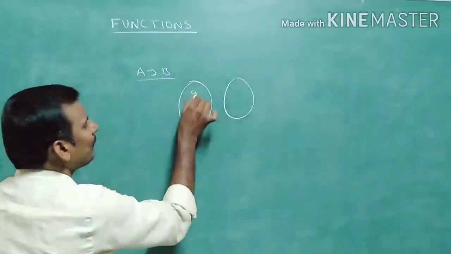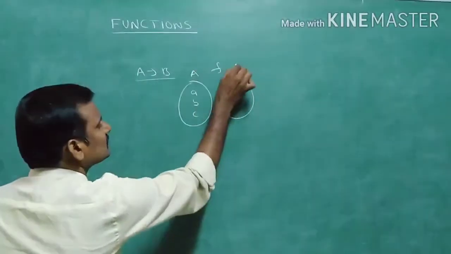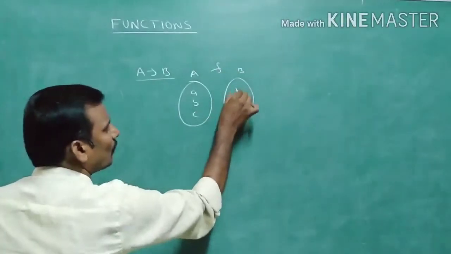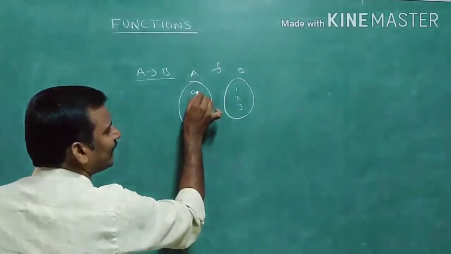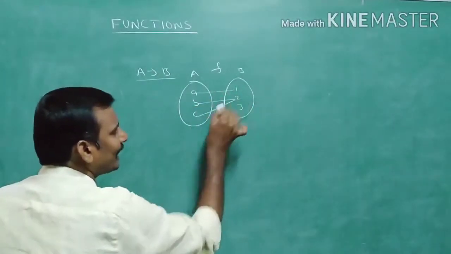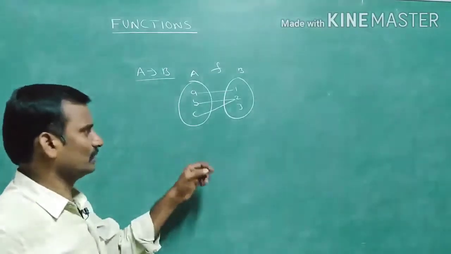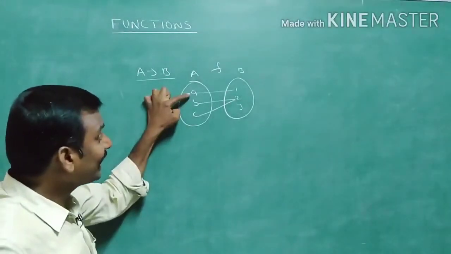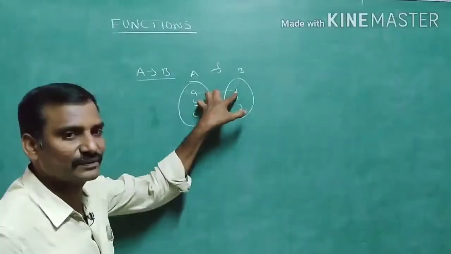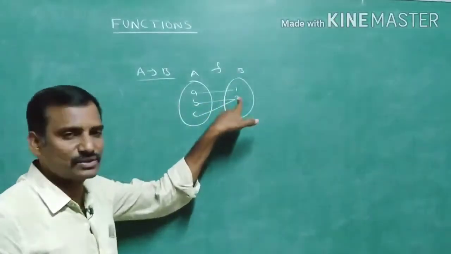Suppose a, b, c is set A and 1, 2, 3 is set B. Relation f: a is mapped to 1, b is mapped to 2, c is mapped to again 2. Is this a function or not? Here a has the unique image 1, b has the unique image 2, c has the unique image 2.